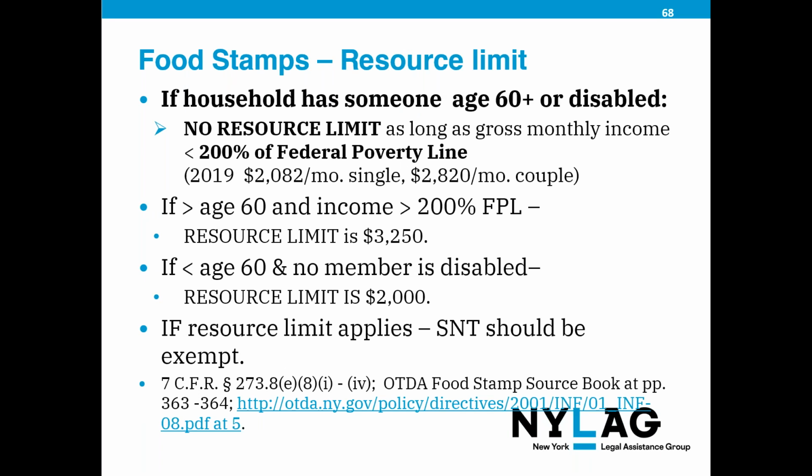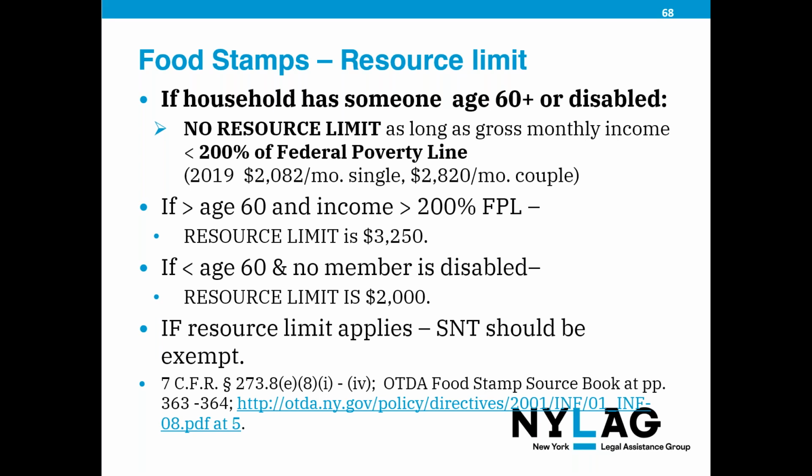Plus, many SNAP recipients don't have a resource limit anyway. People who are age 60 or over, or who have been determined disabled, have no resource limit as long as their gross monthly income is under 200% of the federal poverty line. And the limits are here.